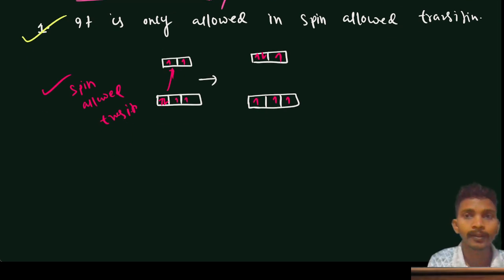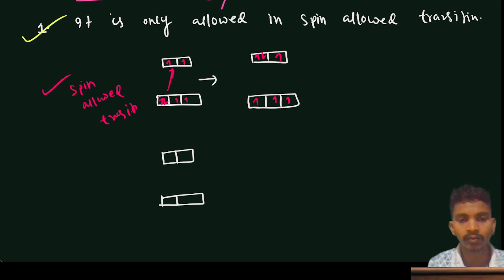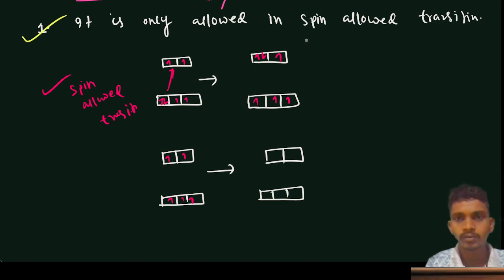But suppose it is like this, and we want to do the transition now. This is the one electron I want to move. Now I am doing the transition here, so it will change its spin.